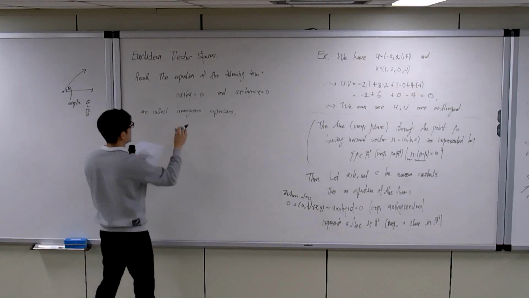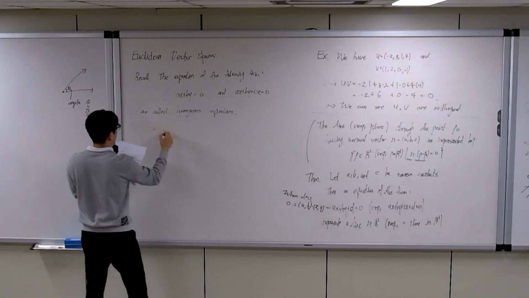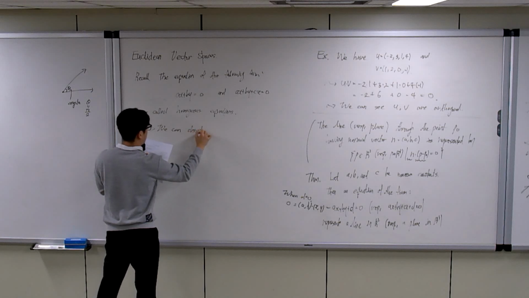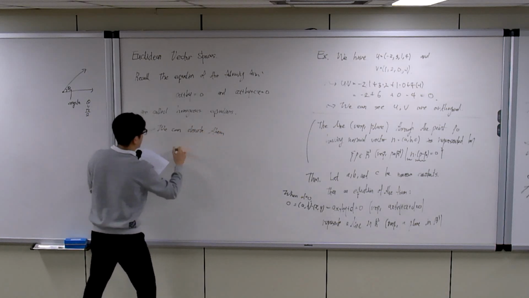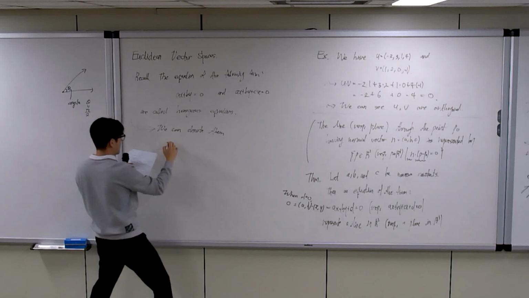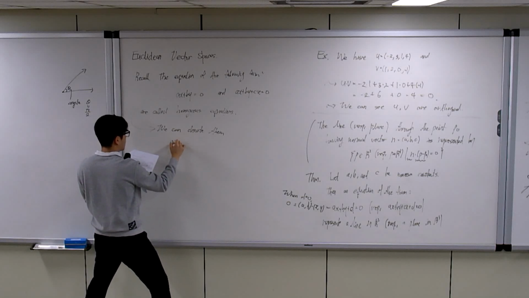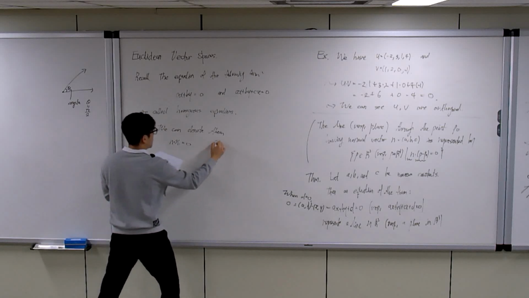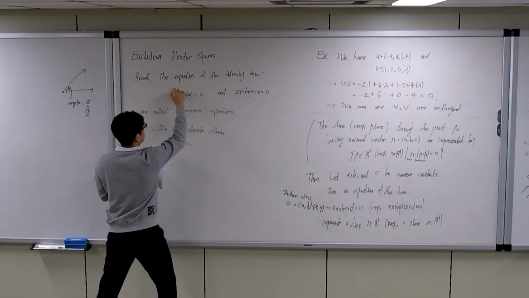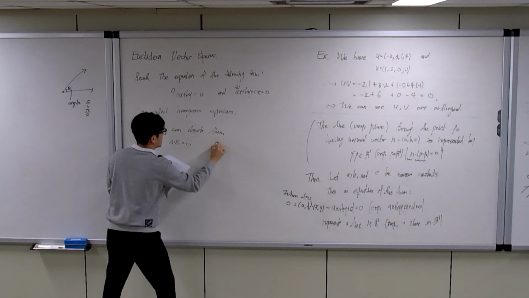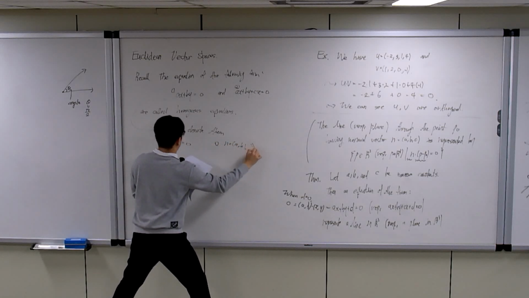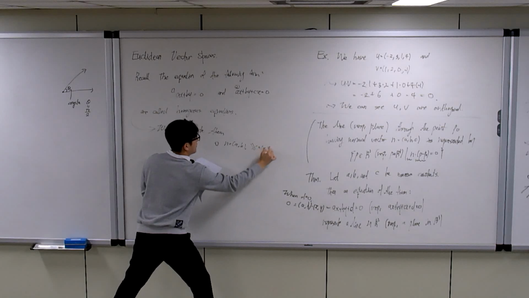In this case, we can denote them as the vector n dot product x equals 0. In the first case, n equals (a, b) and x equals (x, y).